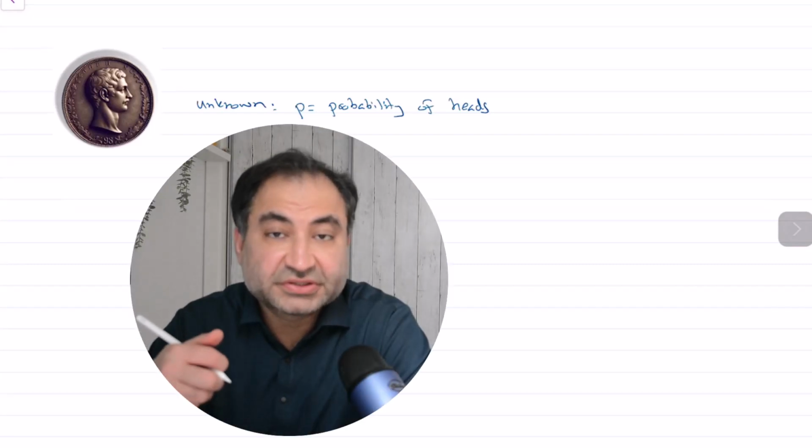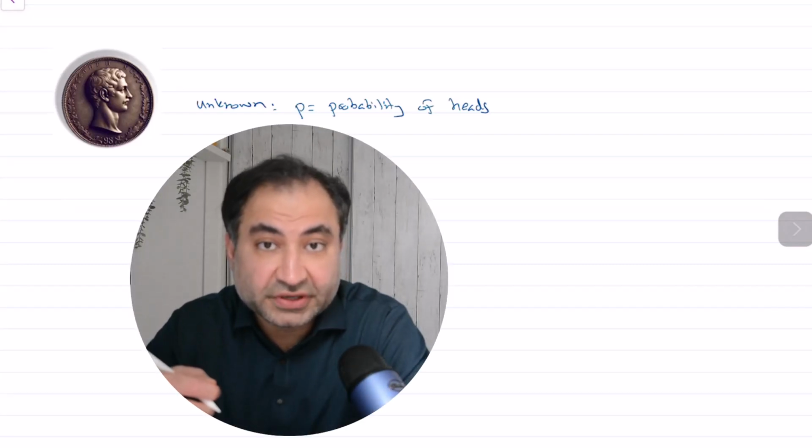So, we have the unknown, which is p, the probability of heads. To figure this out, we flip this coin a number of times and then observe that data, for example, to see how many times we got heads.